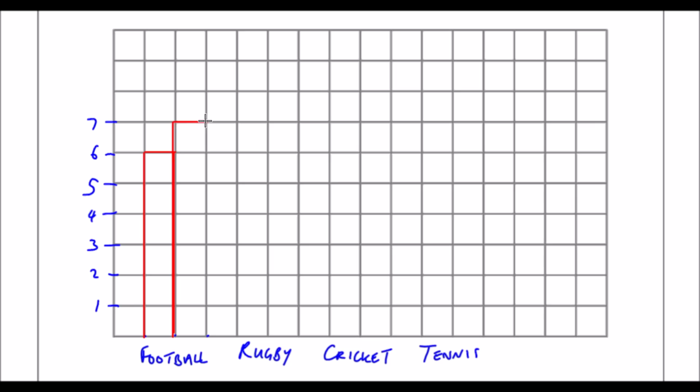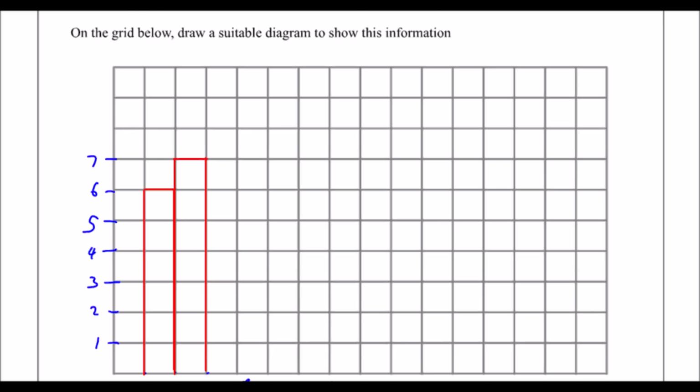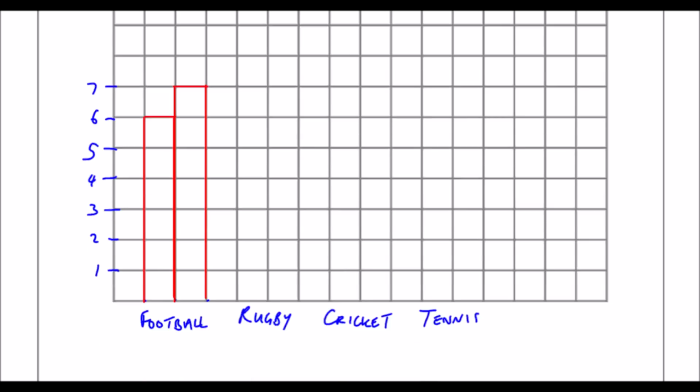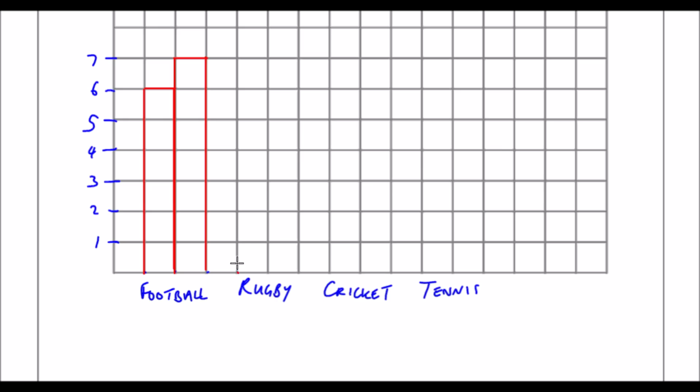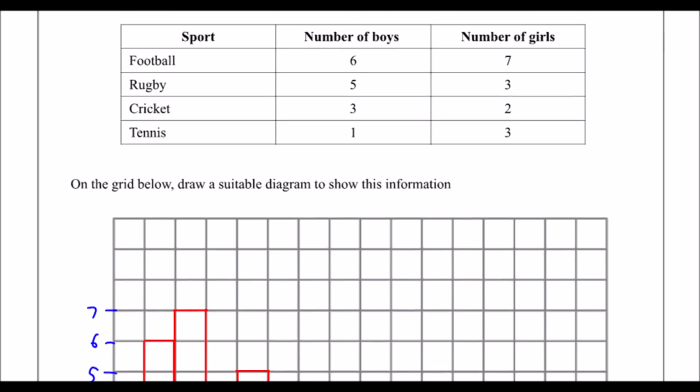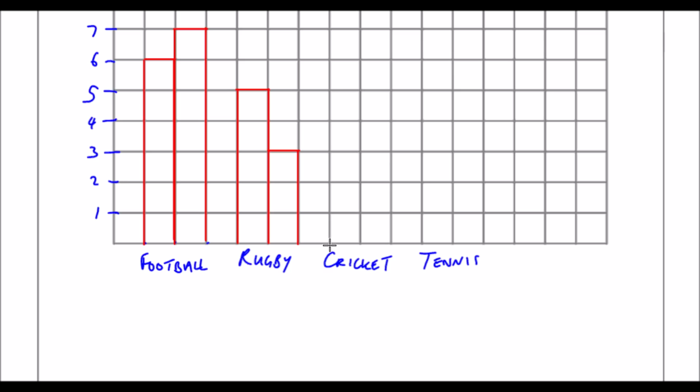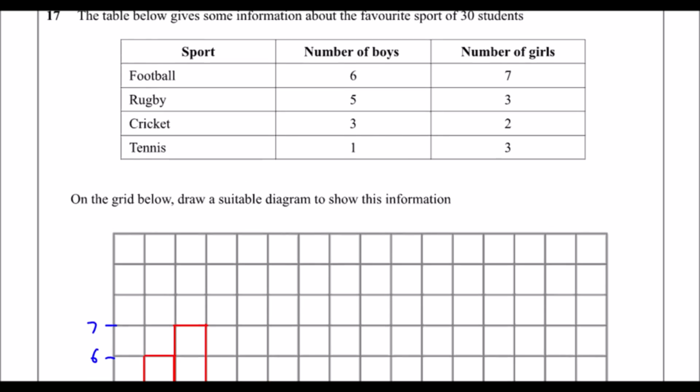And girls as the second bar. Rugby 5-3. Cricket 3-2. And tennis 1-3.